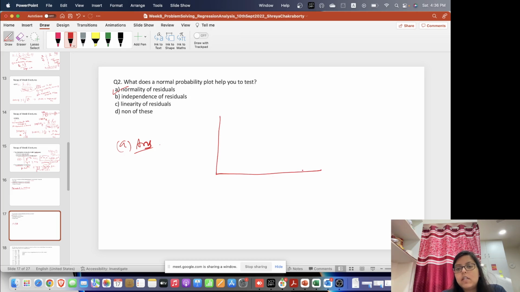Here we are plotting the residuals in increasing order, and here we are giving the cumulative probability.